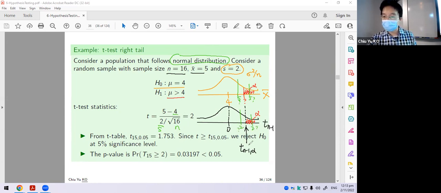Before I calculate this, what's this? This will be the same as what we did for the z. I'll do it later. I'll do the first thing first. I just try to find whether the area of the 2 is more than 5% or less than 5%. Let me do this first. How do you do that?